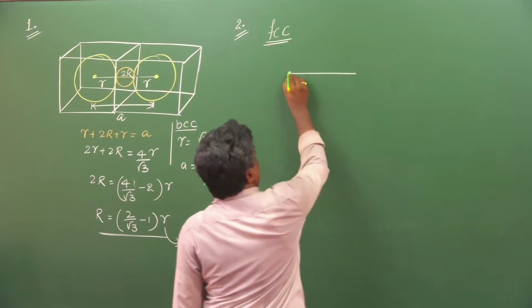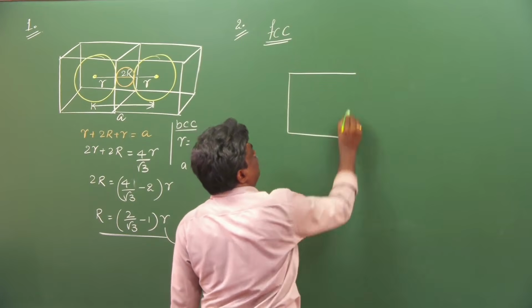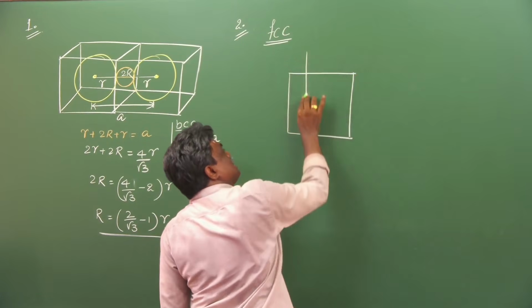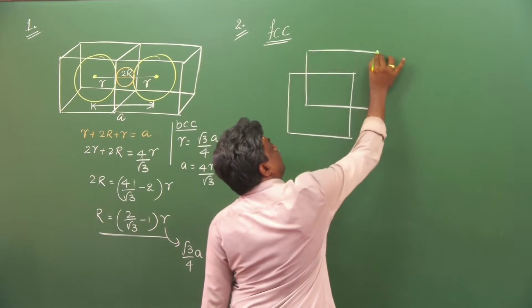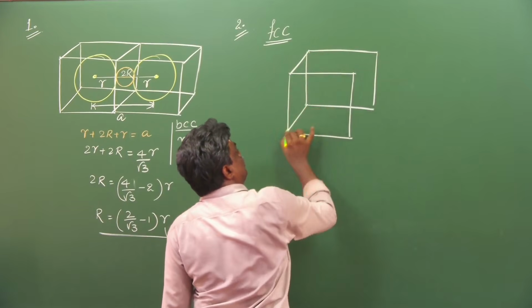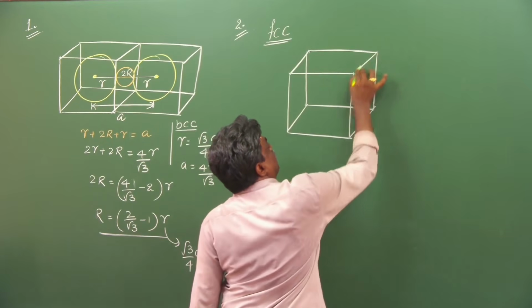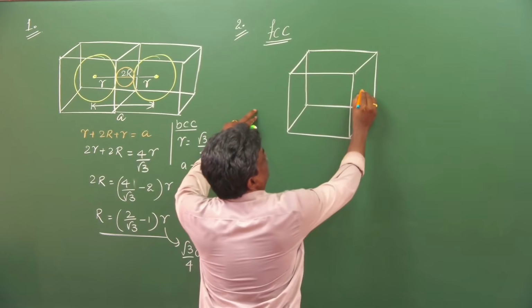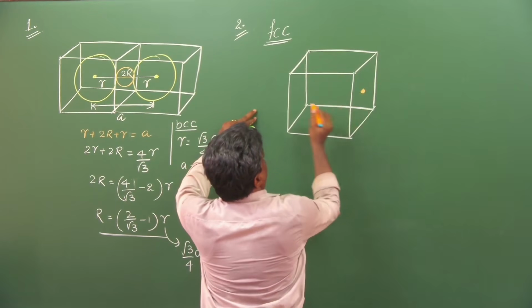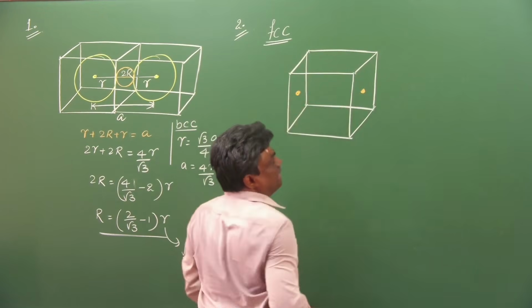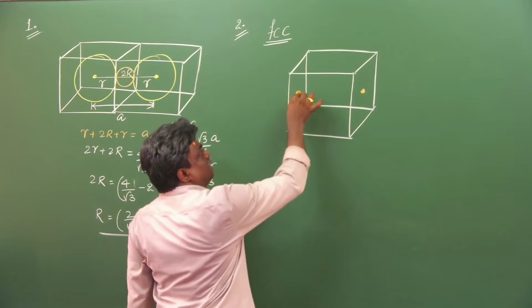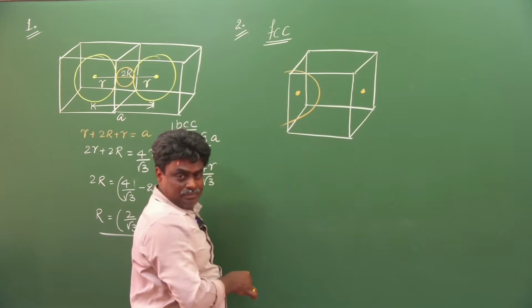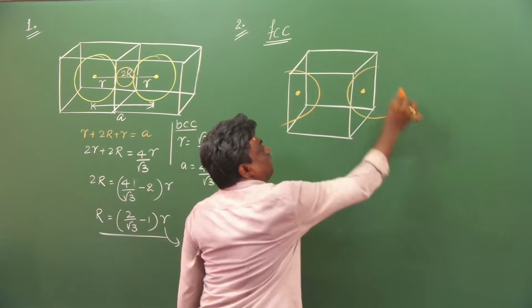Listen, I will draw the diagram, after that you please do it. Now FCC structure I am taking. We need 2 consecutive or successive atoms in FCC. So this is the face center. Everyone please listen, this is another face center. With this center we have one atom, with this center we have another atom.